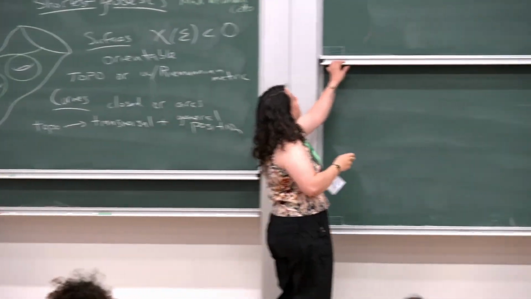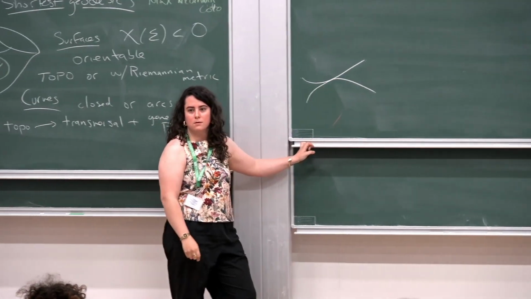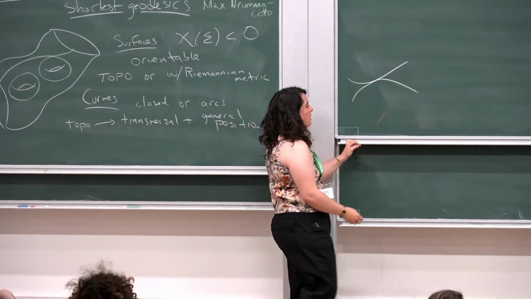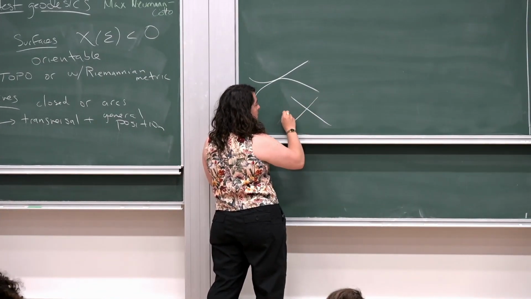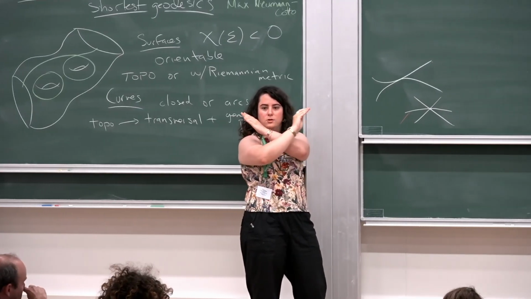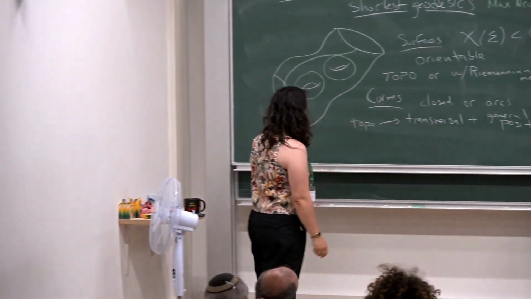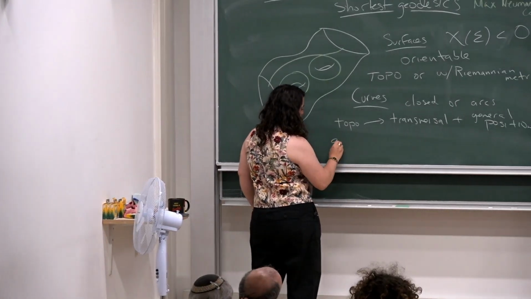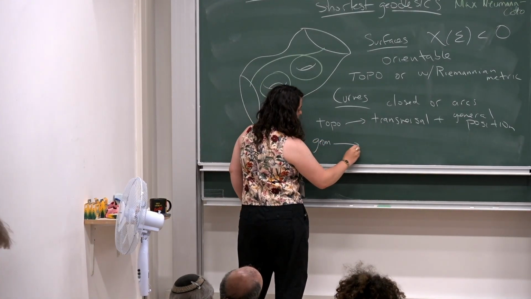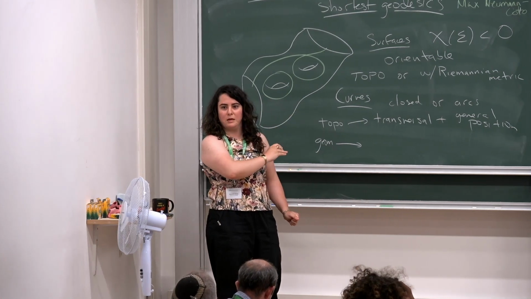This means that I don't want intersections that look like this, right? Those are not real intersections. And I don't want triple intersections or multiple intersections. All intersections are just double points, okay? And if they're not topological, they're going to be geometric objects. And they're just going to be geodesics in the corresponding Riemannian metric that we're putting on the surface.